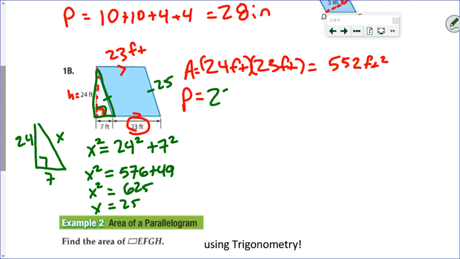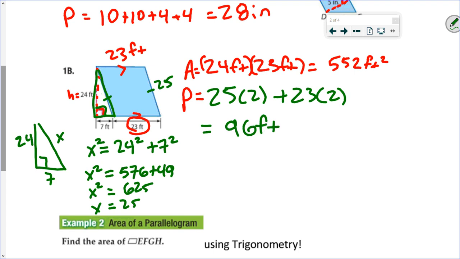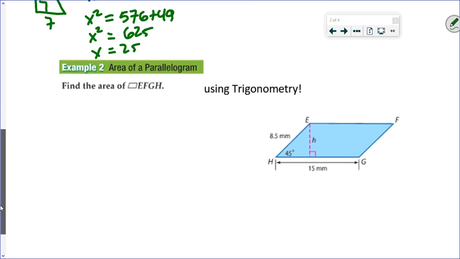So 25 times 2 plus 23 times 2, or just add them twice, either way. 50 plus 46, 96 feet for our perimeter there. All right, that's a good problem. You've got to use a little bit of problem solving, the Pythagorean theorem, some prior knowledge on that type of problem.